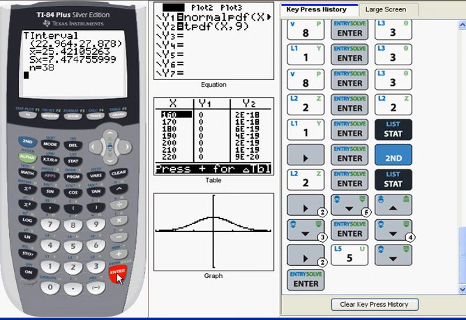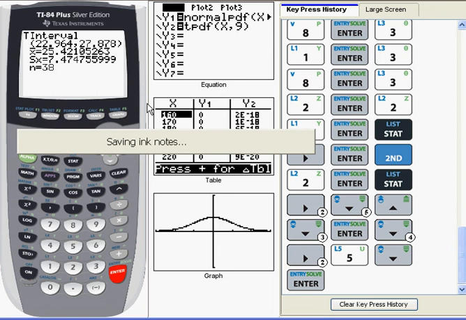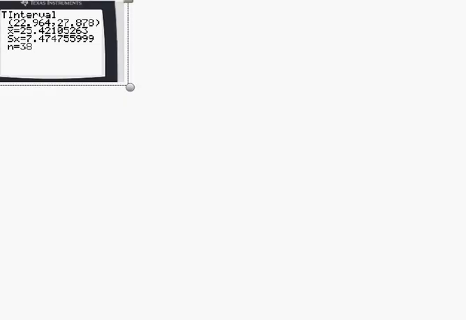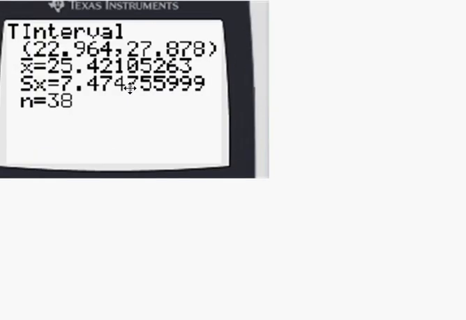And this interval we get, 22.964 to 27.878. That's what we would have gotten had we taken the time to actually type that thing out. So we can say we're 95% confident that the interval from 22.964 to 27.878 captured the true mean of this particular population.